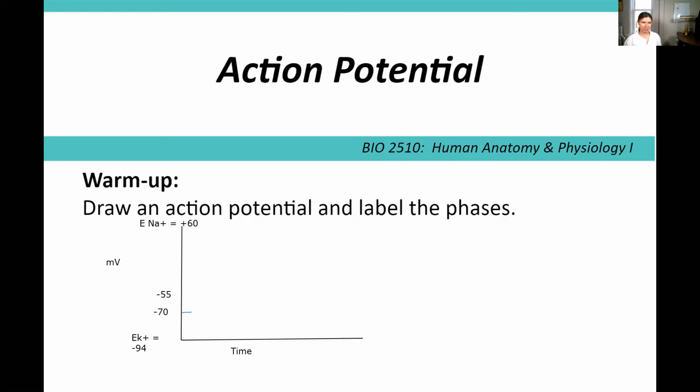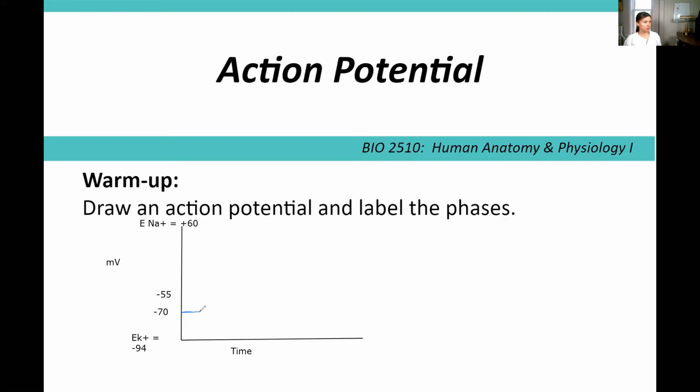Okay, so now I'm going to actually do the drawing part. We're set up with the numbers we're trying to reach. So our action potential starts out at rest. We have just a normal neuron hanging out here.